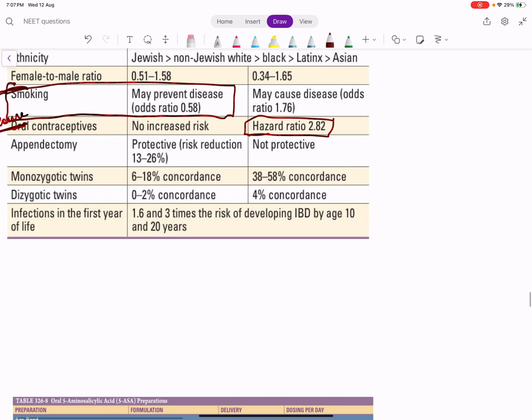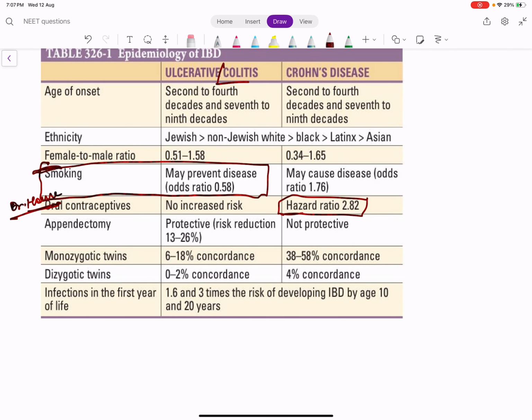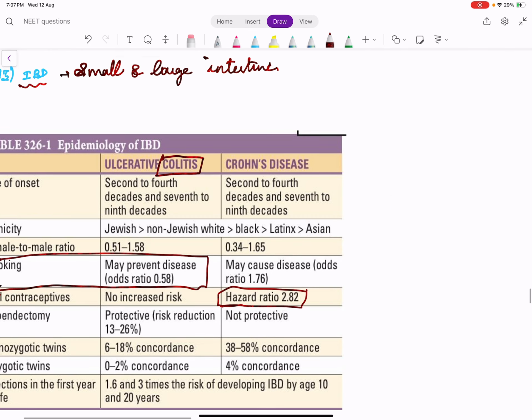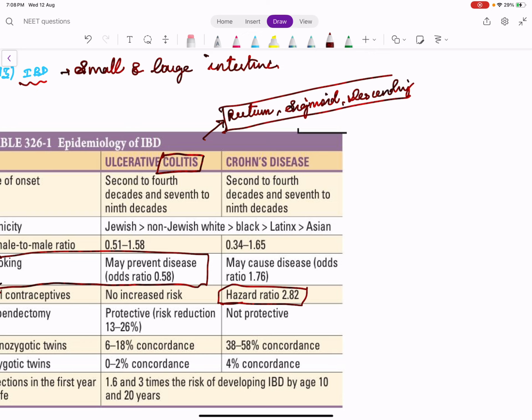Now, what is the site usually affected in ulcerative colitis? The name itself suggests colitis, which means the distal colon is affected. So the rectum, sigmoid and the descending colon. These three are commonly involved in ulcerative colitis and this is usually involved continuously.